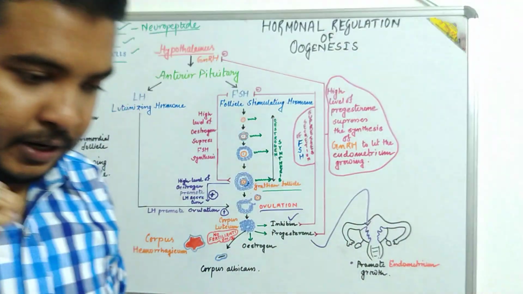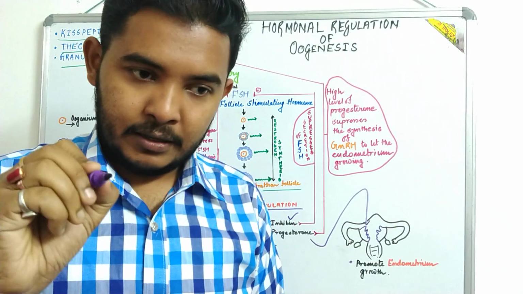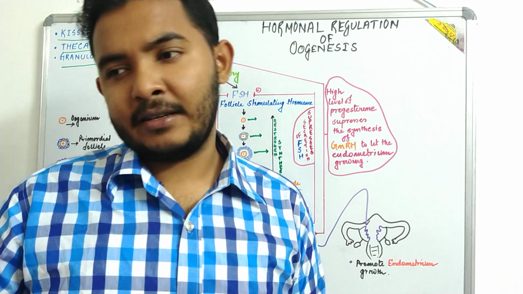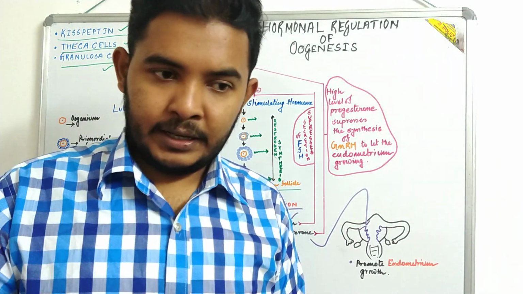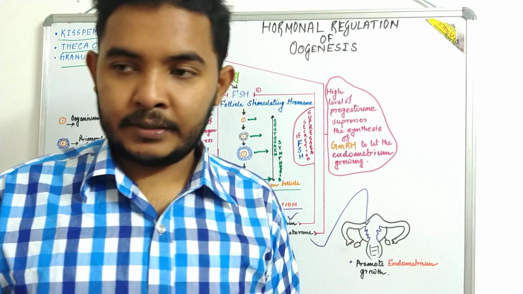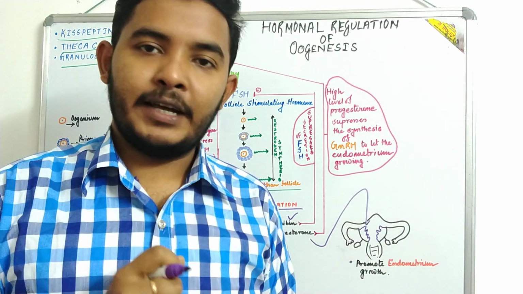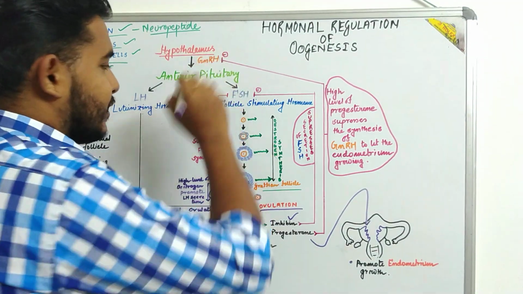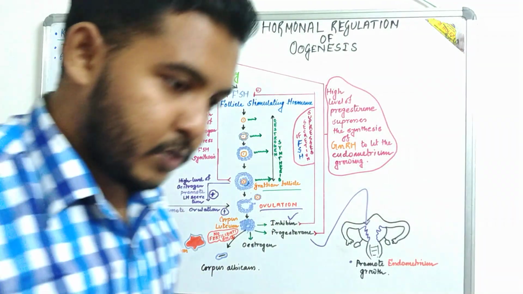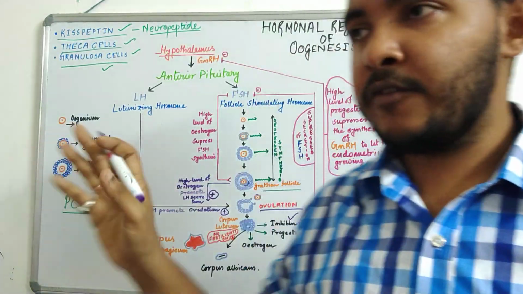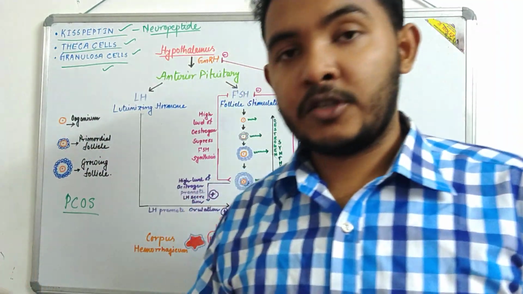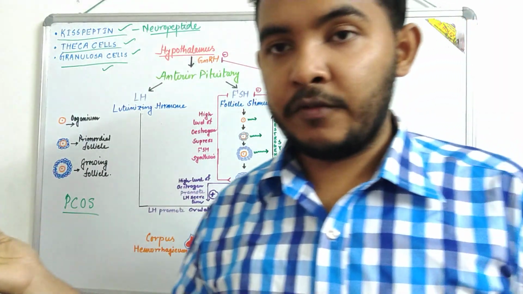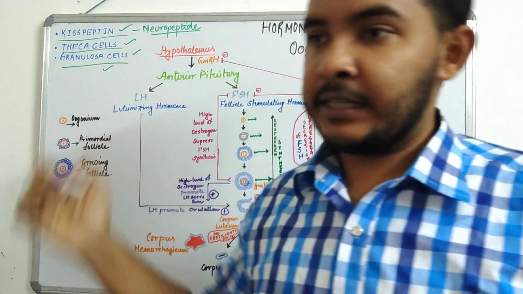You know, the first menstrual cycle, or the first release from the ovary, is called menarche, and at around 40 or 42 years of age, when there is permanent stoppage of this ovarian cycle, we call it menopause. So kisspeptin is a key regulator to stimulate the secretion of GnRH. This is not very important for class 12 students, but those who are studying zoology and physiology for higher classes, for graduation, they can take it from here.